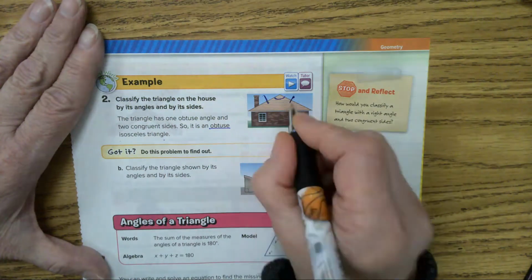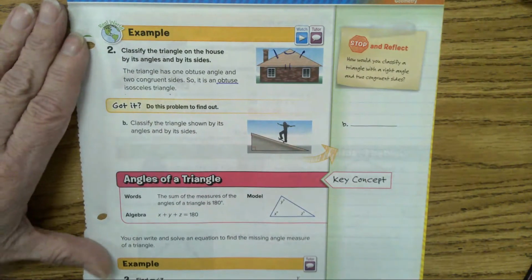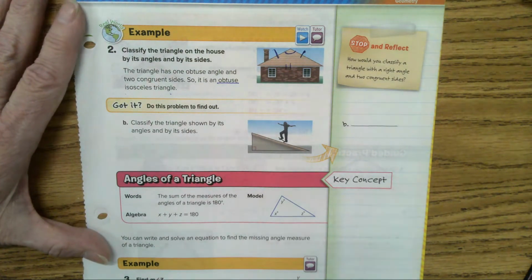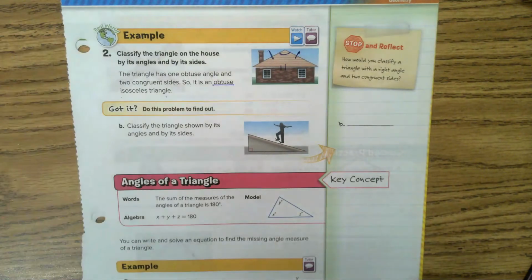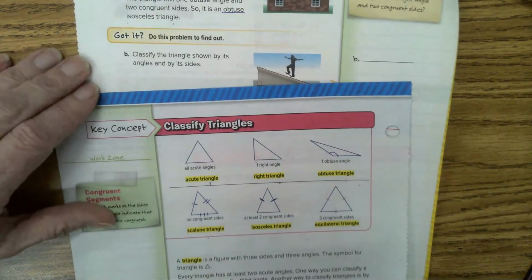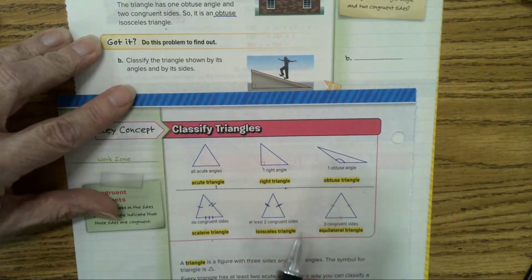This one is different. All right? Let's go to part B. Classify the triangle shown by its angles and by its sides. Well, just remember, here is our list of what we can use. Angles, is it acute, right, or obtuse?